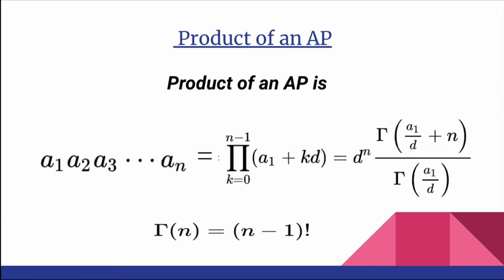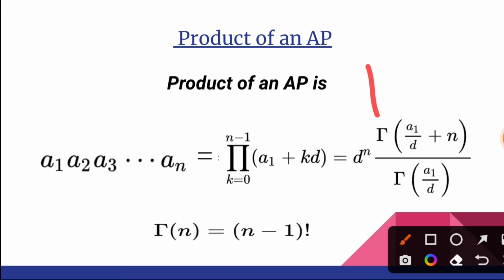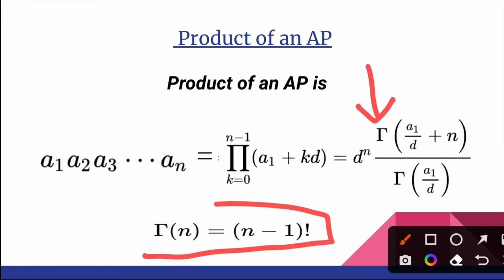The product notation from k equals 0 to n minus 1 of (a1 plus k times d) is given using the gamma function, and the gamma function is represented as n minus 1 factorial.